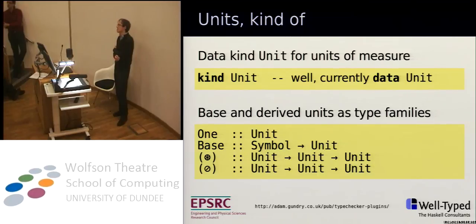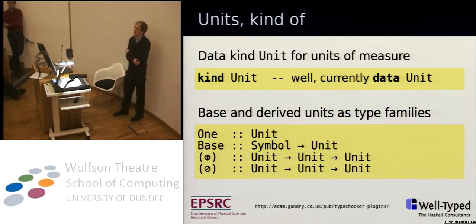Can typechecker plugins give custom error messages, or does the infrastructure just say these two don't unify? If the proof fails, can it say why? At the moment it's restricted to generating the kinds of constraint that GHC knows about. What I'd like to be able to do, and haven't yet, is extend GHC so that you could plug into the error message generation function.